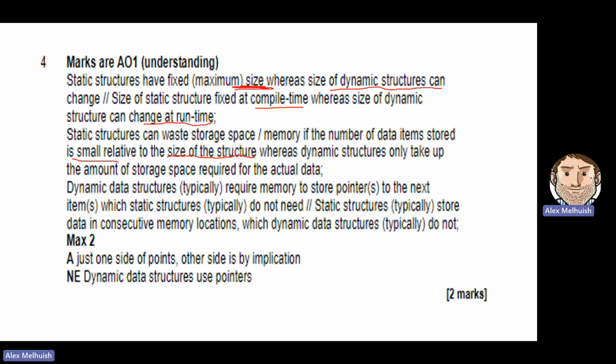Which is the final point, which is per data item you've got to store the pointers next to the item, which static structures don't need. Yeah, but just check your wording on there, your precision. So lots of you will probably be a little bit frustrated you didn't get the mark there, and I've just emphasised some key words to make sure you're using for these kind of questions.